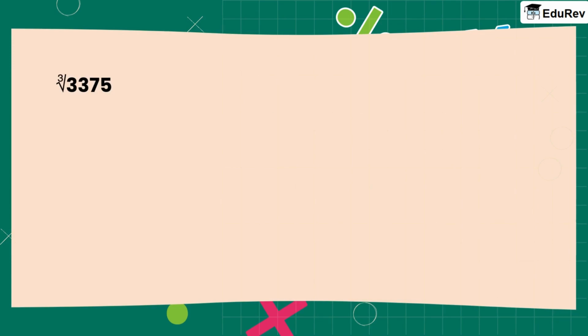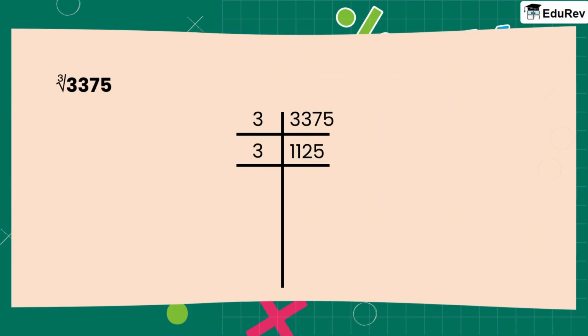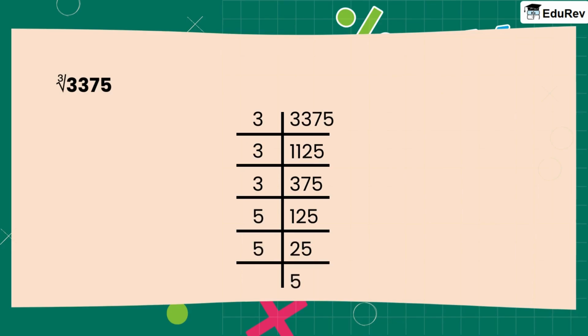Let's find the cube root of 3375. Again, the first step is factorization. Let us factorize 3375. 3375 divided by 3, we get 1125, divided by 3 gives 375, divided by 3, we get 125. 125 divided by 5, we get 25, and divided by 5 gives 5.